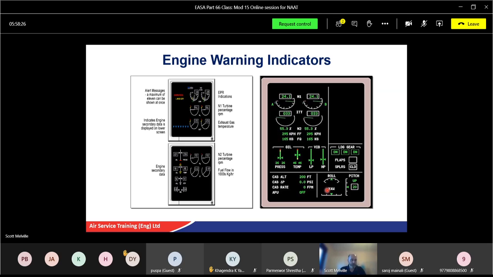So the two basic types of torque measuring were what again? Electrical and hydromechanical, yeah. So what's the basic principle of the hydromechanical torque one? There's sort of two versions, but what's the basic principle of a typical turboprop one? How does it generally work?